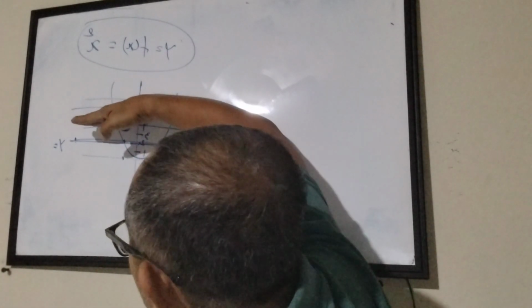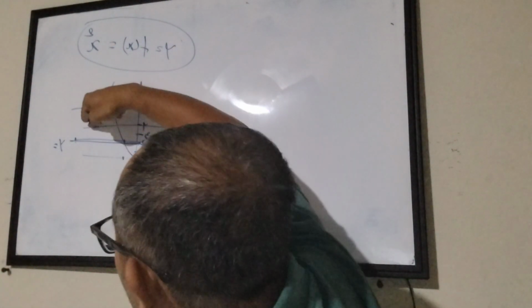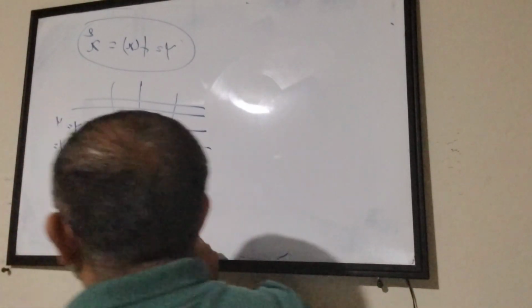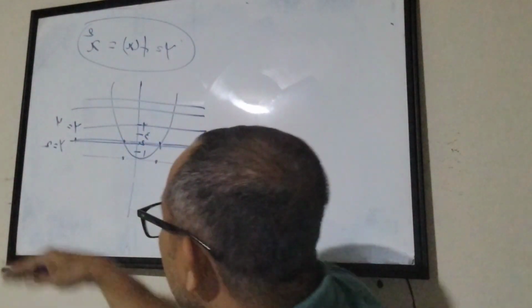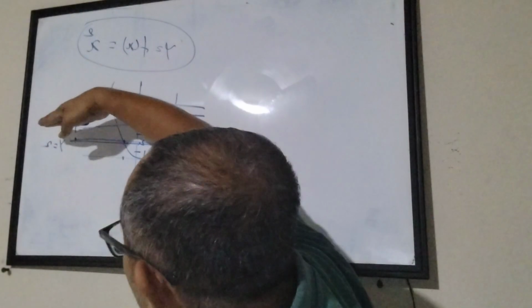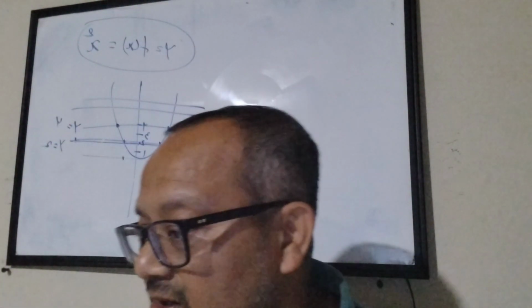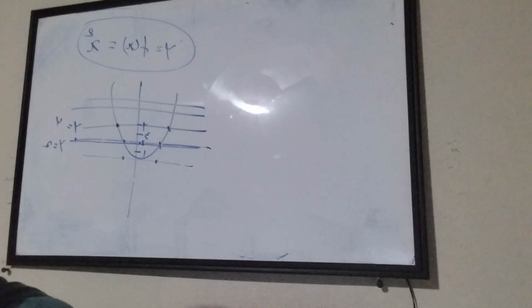Take another value of y, let's say y equals 4. For y equals 4, this line is crossing the parabola at two places. So for multiple values of y, you have two values of x.